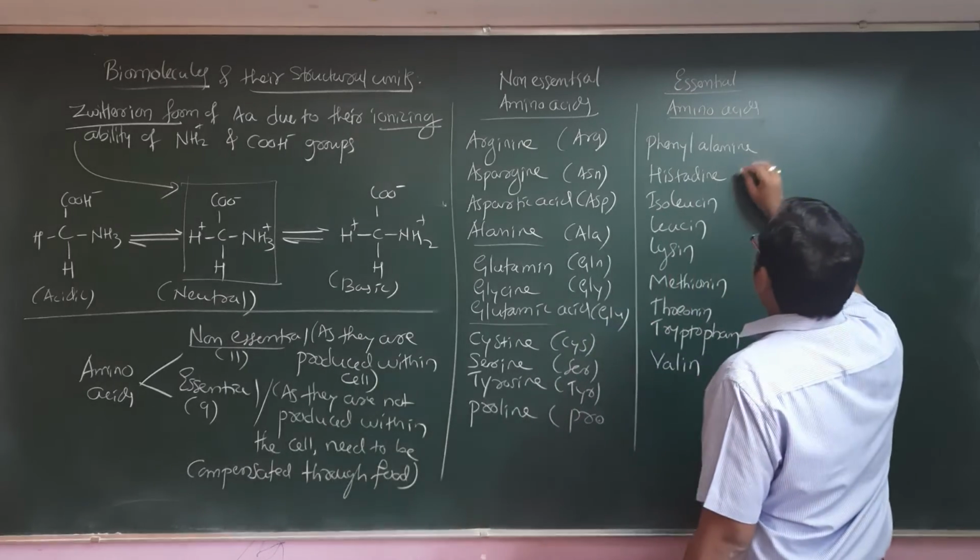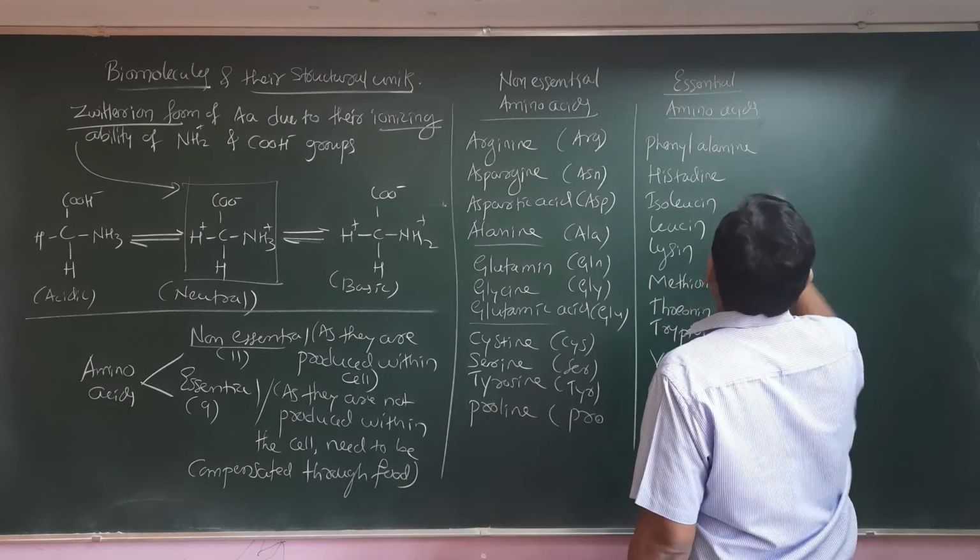So there are 9: 1, 2, 3, 4, 5, 6, 7, 8, 9.